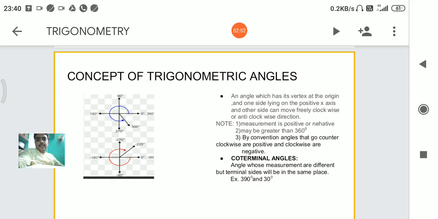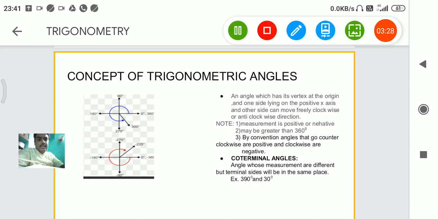One ray of the angle is fixed along the x-axis, and the other, the terminal side, can rotate clockwise or anti-clockwise. By our convention, if it is clockwise, then the angle will be negative. That is, in the second figure it is given downward. And if it rotates in anti-clockwise direction, that will be positive.